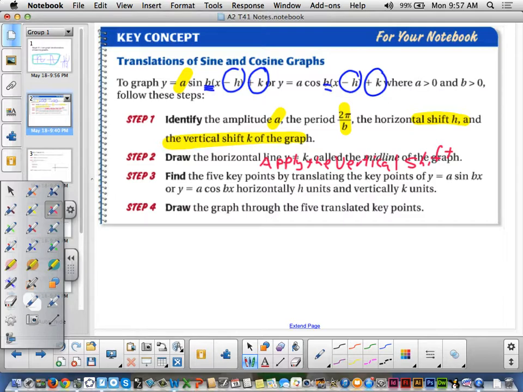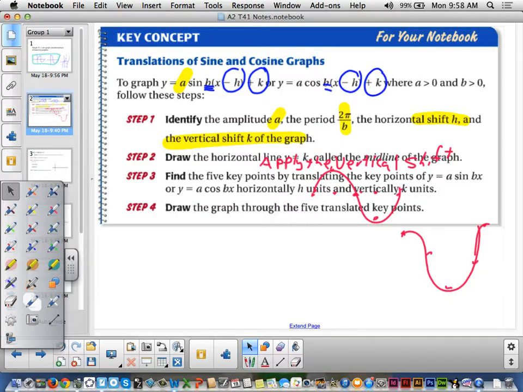Your key points are your start point, your end point, your middle, and then between there. So for sine, it looks like this. These are your key points. And for cosine, these are your key points. And then you'll sketch the graph through those 5 key points. All right, so let's take a look and see what it looks like.